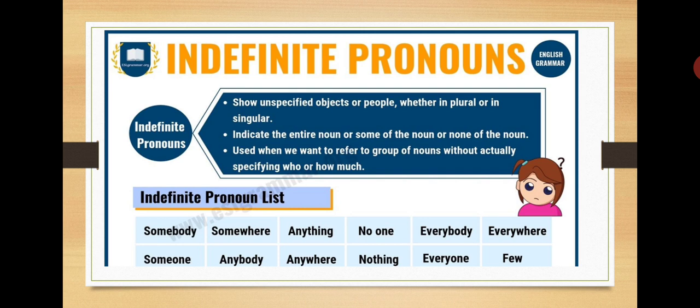Used when we want to refer to a group of nouns without actually specifying who or how much it is. Now, like for example, somebody, someone, somewhere, anybody, anything, anywhere, no one, nothing, everybody, everyone, everywhere, few. So these are examples of indefinite pronouns.